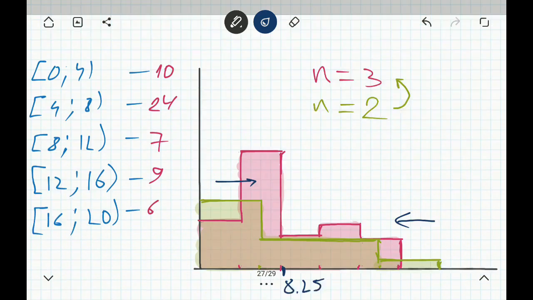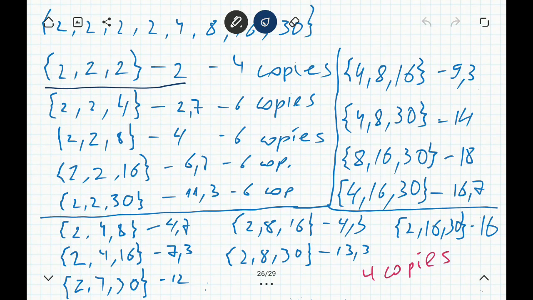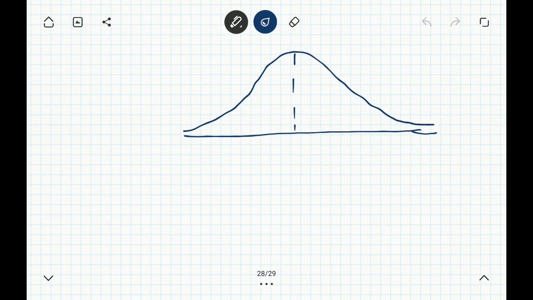So as we can see here, for example, we have all kinds of sample means, and none of them is exactly 8.25. Some of them are close, some of them are not, but whatever.